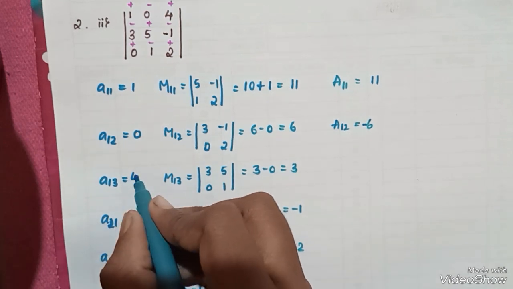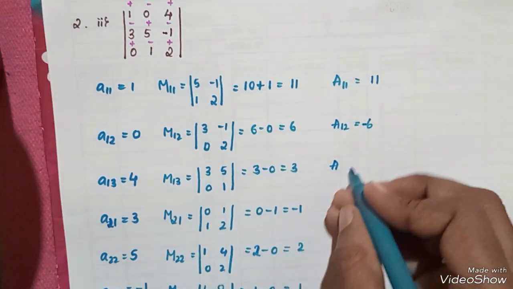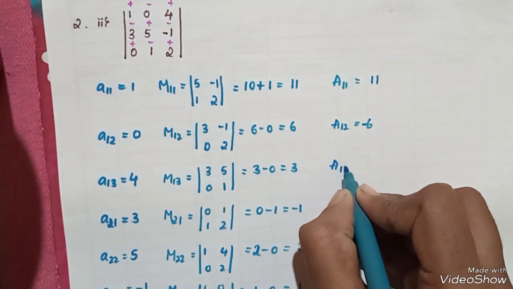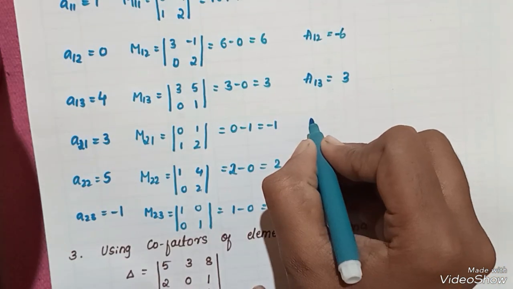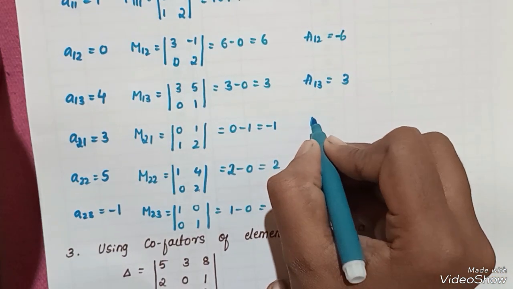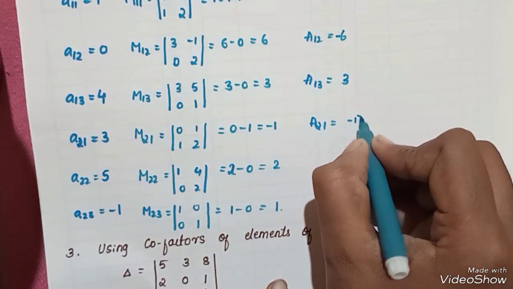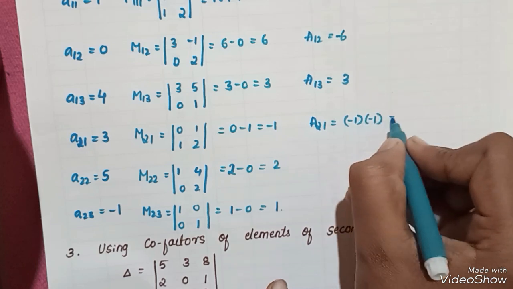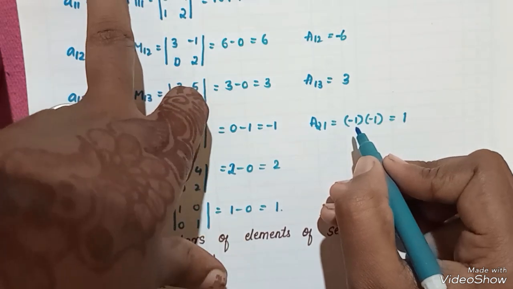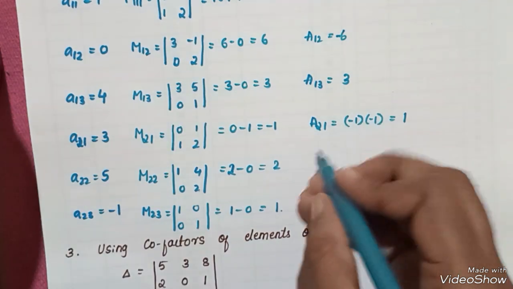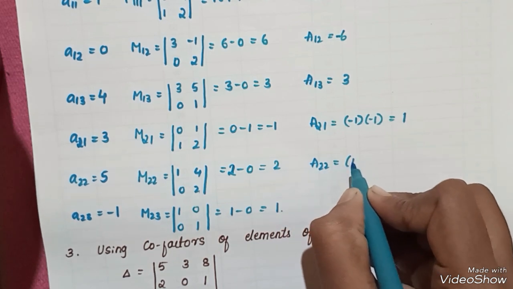The element 4 carries a positive sign, so the cofactor is 3. Better to write the sign: a21 is equal to minus 1 of minus 1, it becomes 1 because the sign of the element 3 is minus. Here a22 is plus 1.